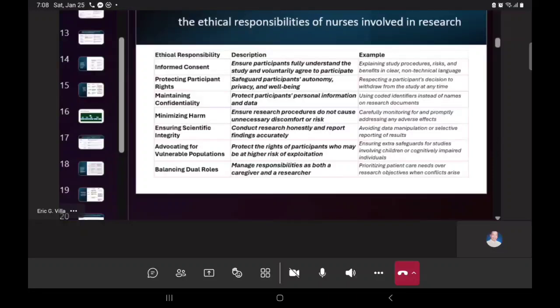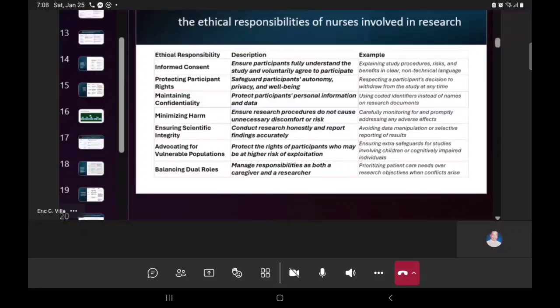Advocating for vulnerable populations is particularly important in nursing research. Nurses must be aware of the special protection needed for participants who may be at higher risk of exploitation, such as children, cognitively impaired individuals, or economically disadvantaged groups.